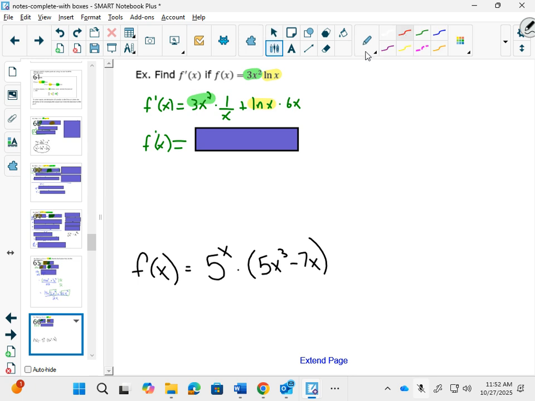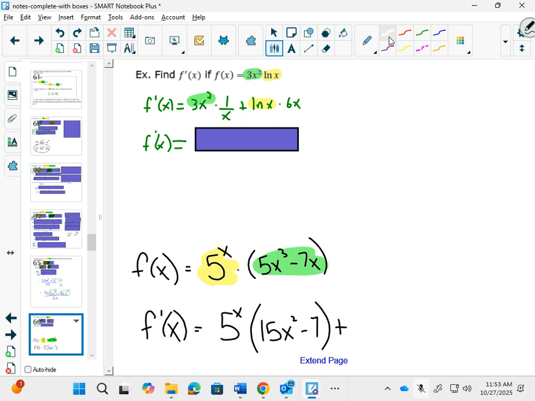And the last one here. Second one, there's my first one. F prime of x would be keep the first one the same, multiplied by the derivative of the second one, plus keep the second one the same.